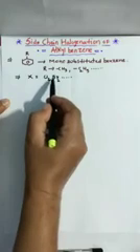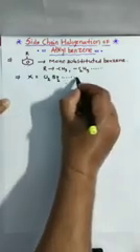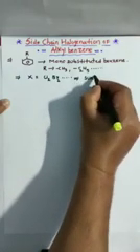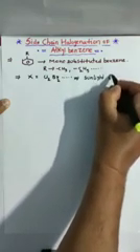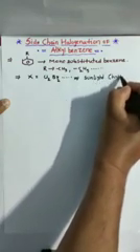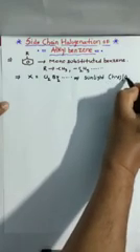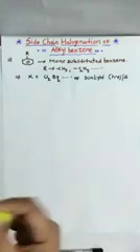We do halogenation of alkyl benzene in the presence of sunlight, which we can depict with h nu, or we can subject it to heat at 383 Kelvin temperature.